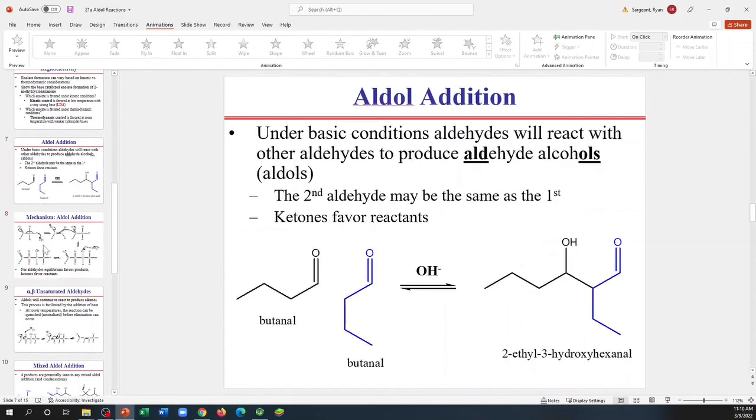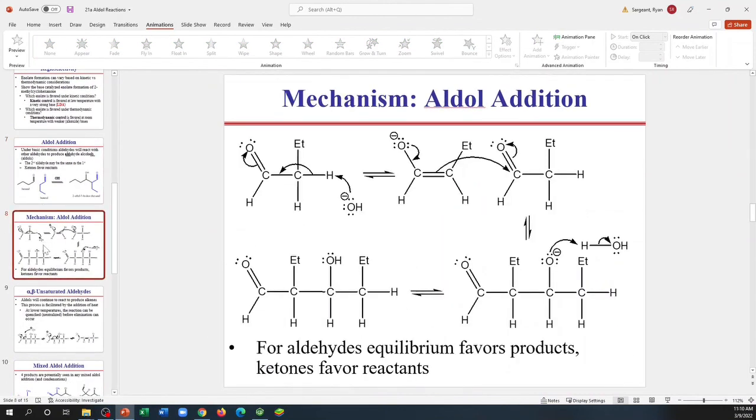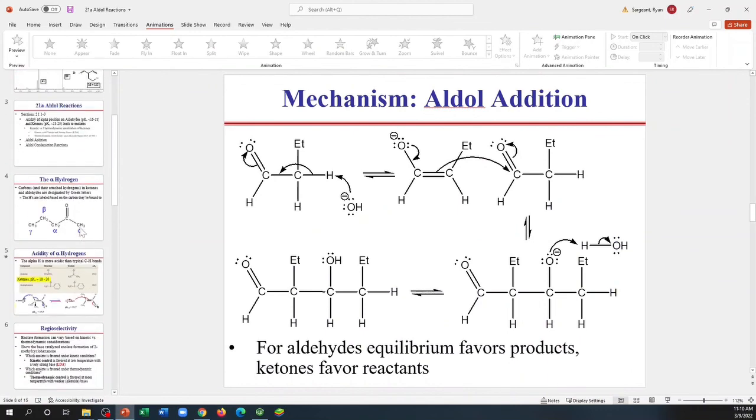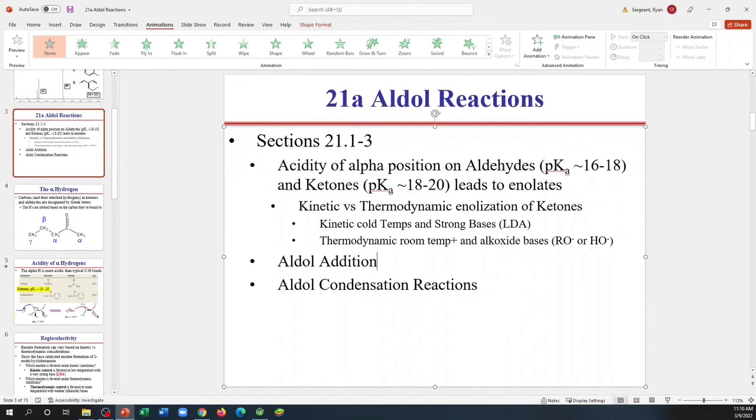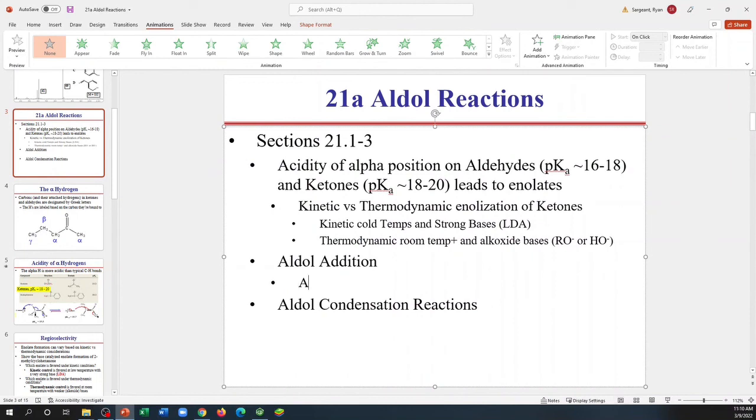All right, so now we can get into the aldol addition reaction. The aldol addition is where you can take an aldehyde or a ketone plus another aldehyde or ketone, and it gives you an aldehyde or ketone alcohol.